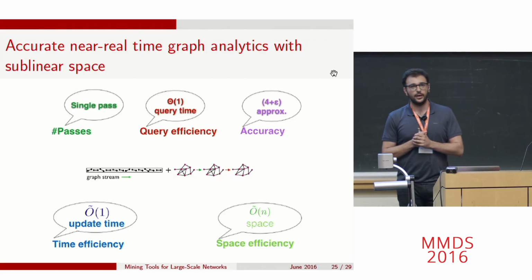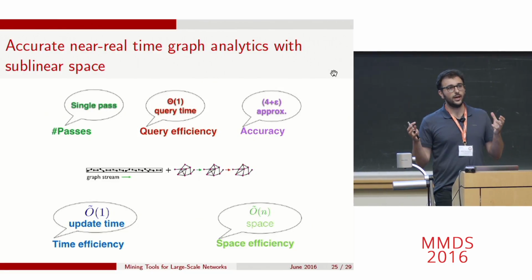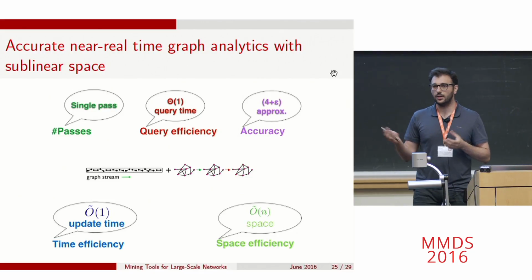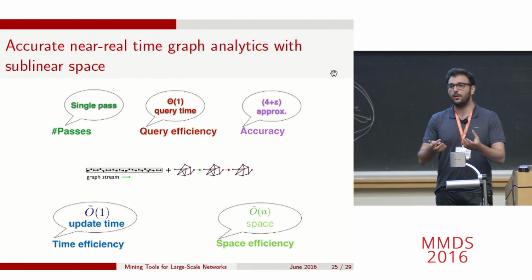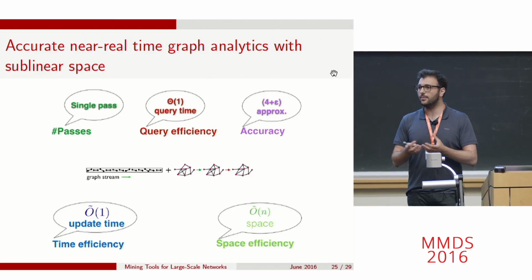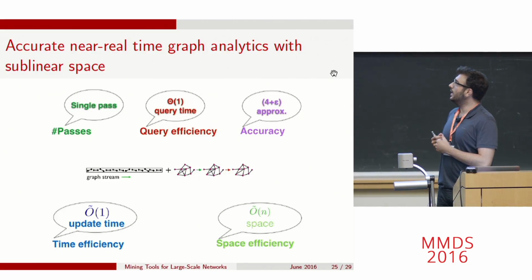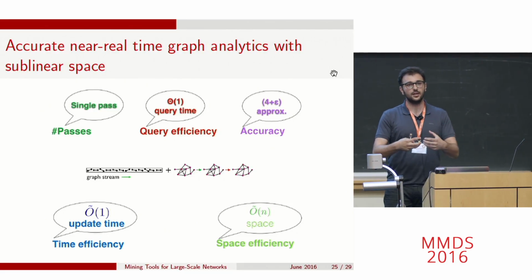So I promised you a new line of research for graph analytics. So what we asked ourselves was, you have these 2 different models, the dynamic graph model and the streaming model, which have to do with the same type of input, but they care about different aspects. So if you remember, the streaming model cares a lot about space. It has n polylog n space, okay? So we were able to combine the best of both worlds into a single result.